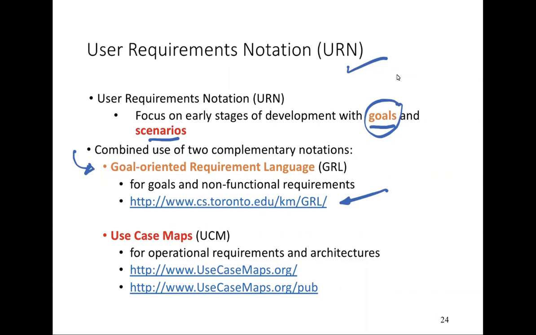But if you are interested to study not the goals, but rather the scenarios, you could use the use case maps, the UCMs. It's more or less related to operational requirements and even the architectures. So combining both the GRL and the UCM is very important to guarantee a successful elicitation phase.